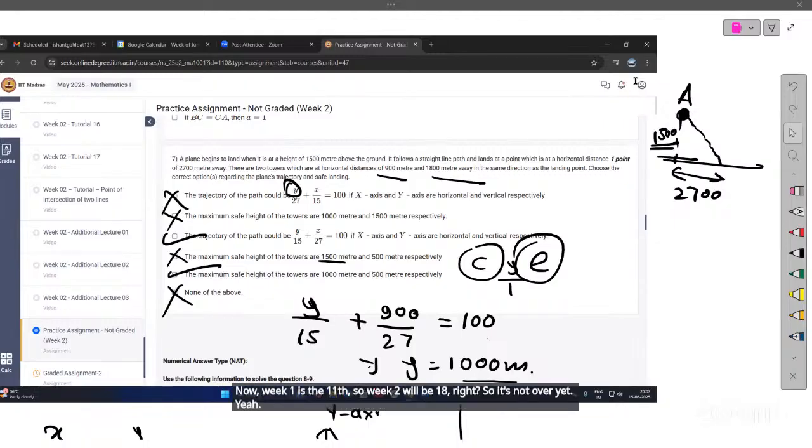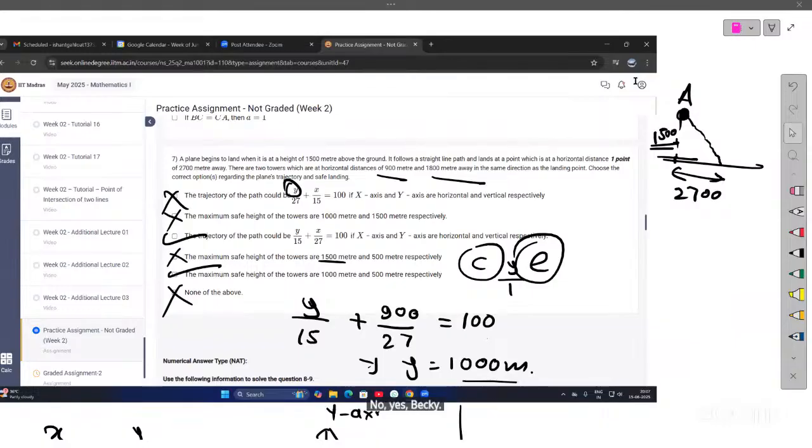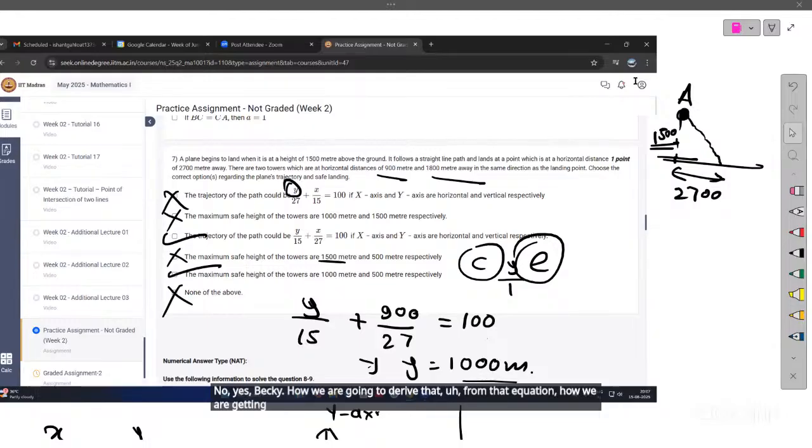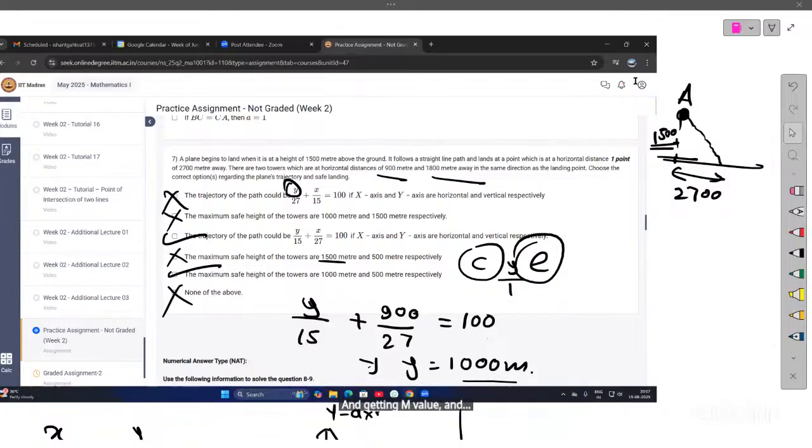Yeah, someone sent a question from a screenshot of general equation of line. So what is your doubt here? Yes, Amit, what do you want to ask? How we are going to derive that from that equation, how we are getting the general equation form and converting and getting the m value and x and y value. That explanation is not clear to me. So that means you want to ask how we are getting from slope intercept form to other formulas, right?